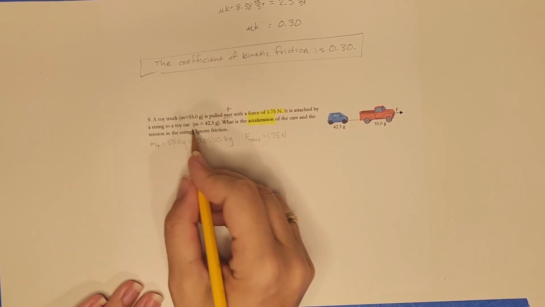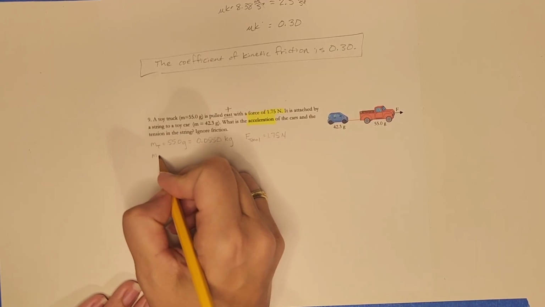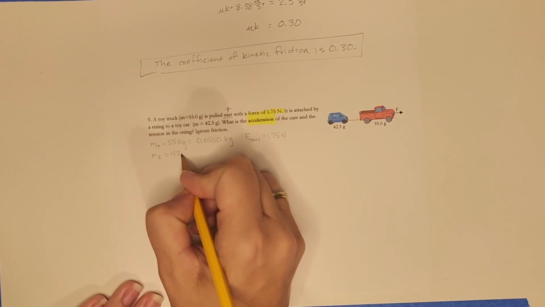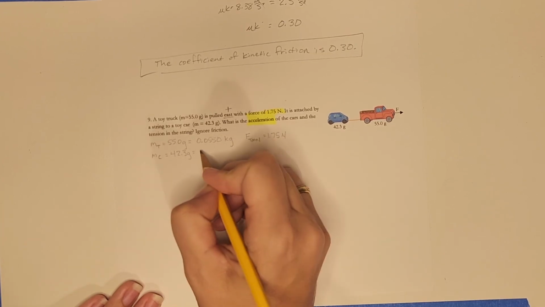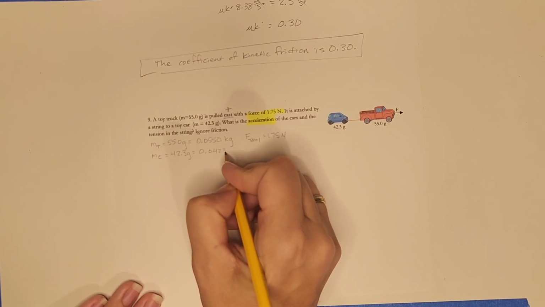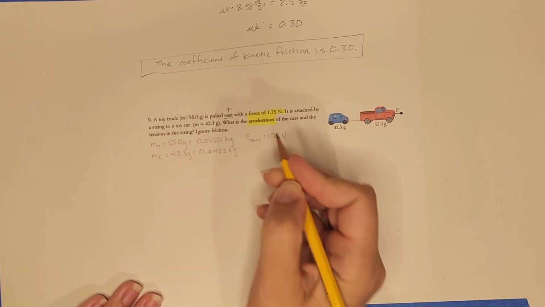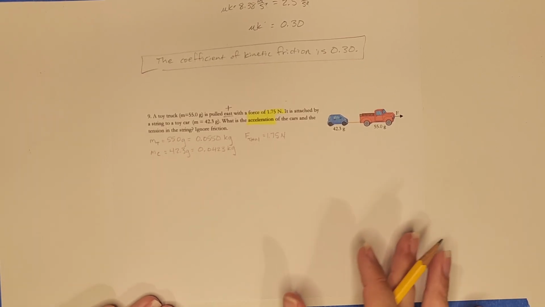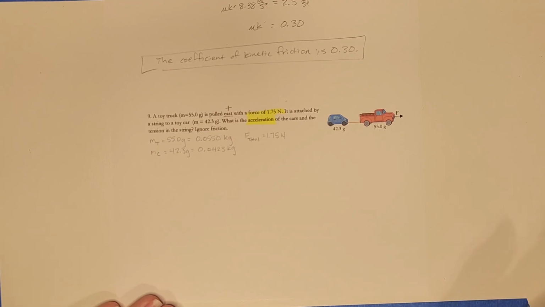Our toy car, the mass of C, our car, is 42.3 grams. And we're going to convert that also to 0.0423 kilograms. And then we need to know the acceleration of the cars and the tension in the string.